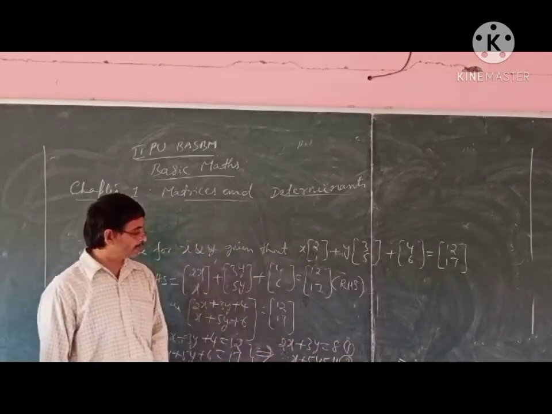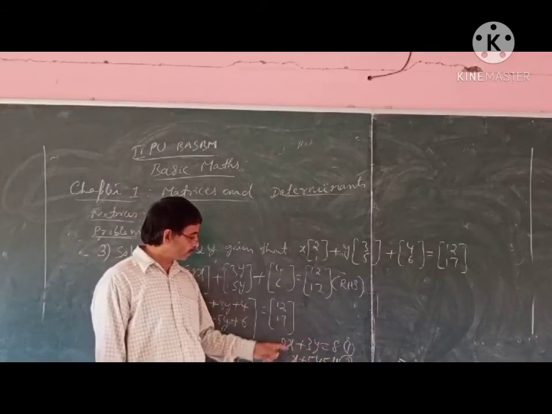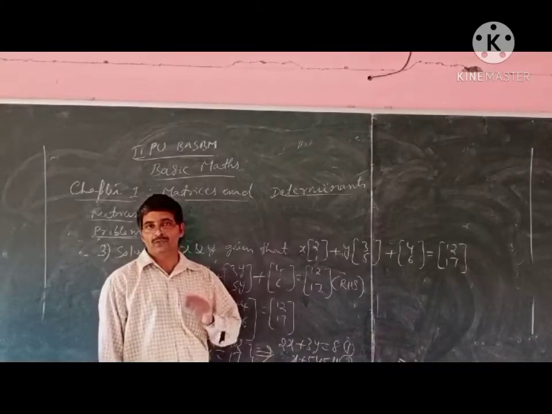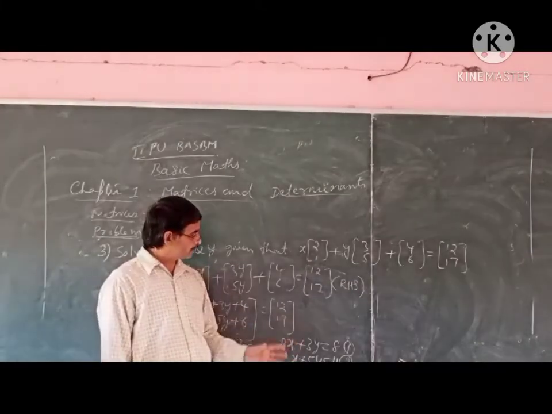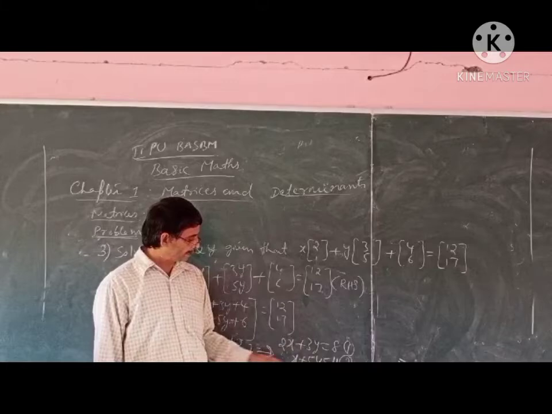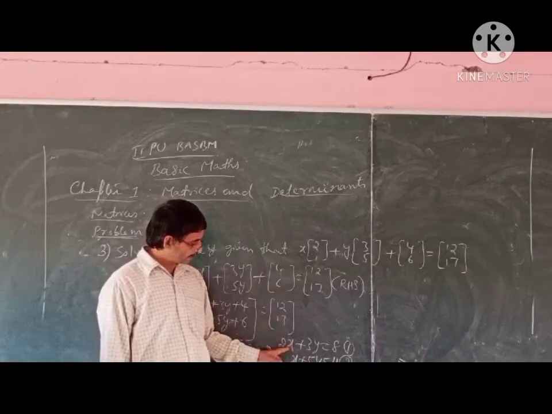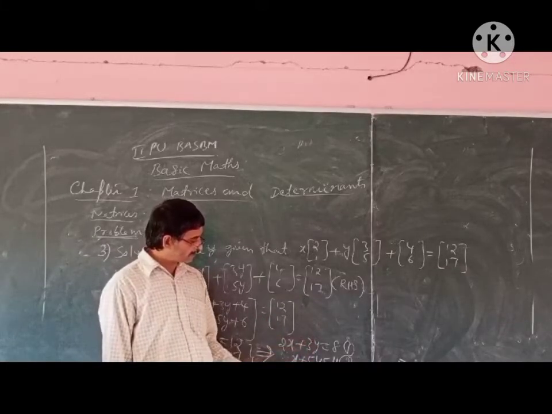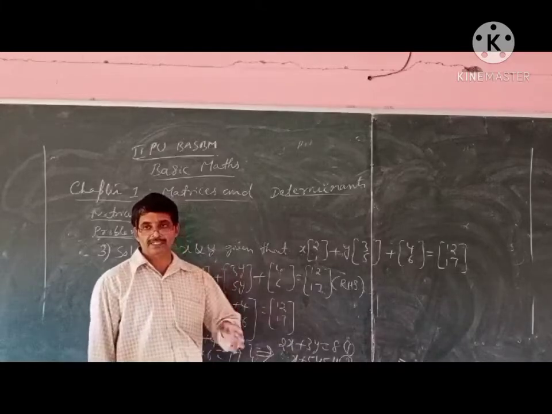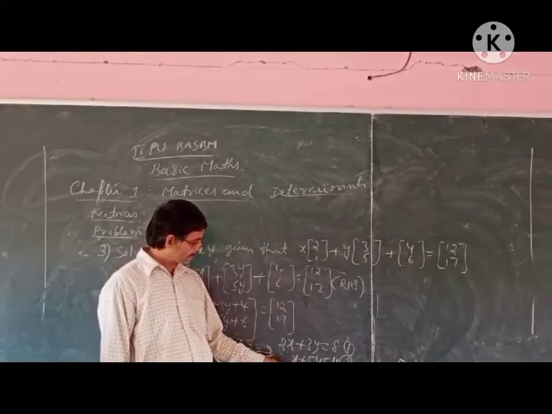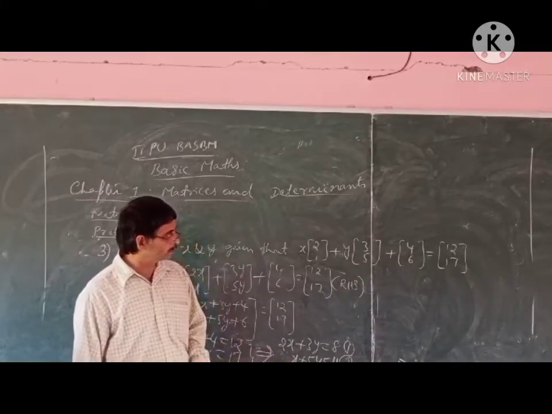So you have two equations, 1 and 2, with unknowns x and y. All of you know how to solve it. So now I will solve it. Here 2x is there, here x is there. You can use any method you studied in first year. I will multiply the second equation by 2.